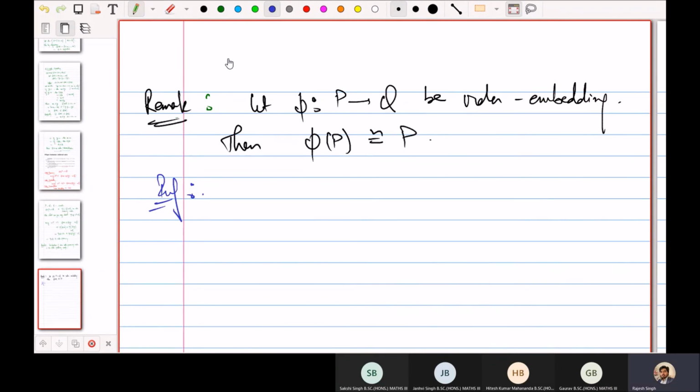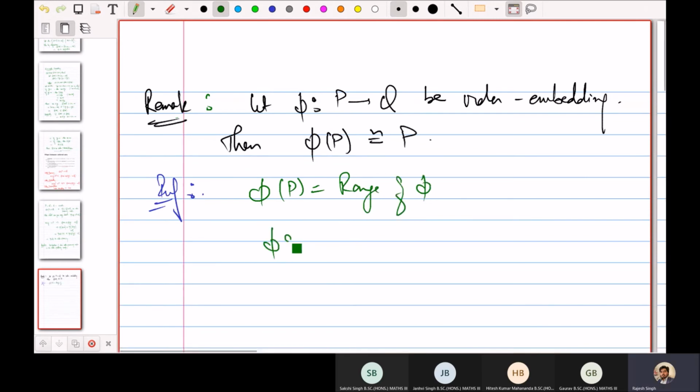Image of P under phi. It is range of phi. Oh, yes, range of phi. Right, phi P is nothing but range of phi. The domain is P.